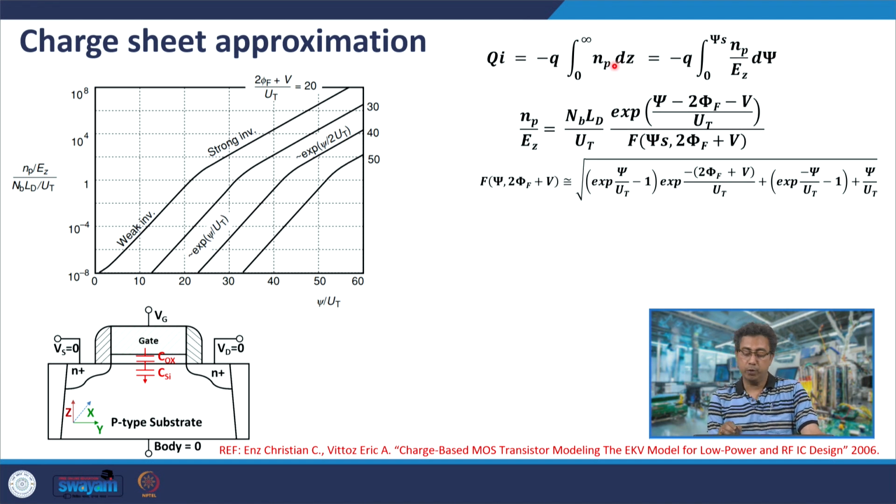But how do you want to convert the limits of the integral into potential? So, what would you do? You can use the fact that Ez can be given as the derivative of potential, isn't it? That is what you use here.